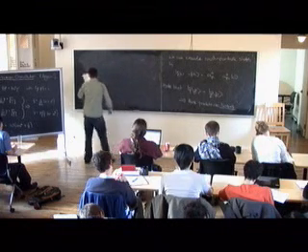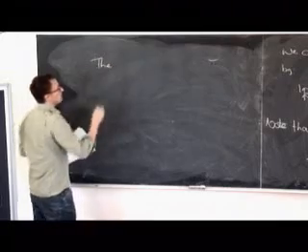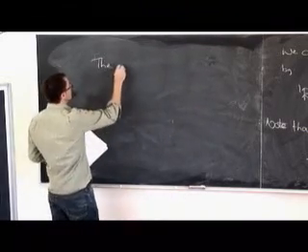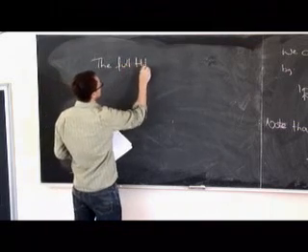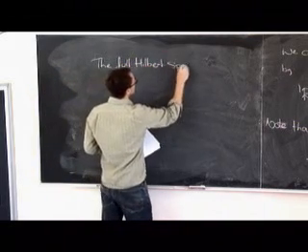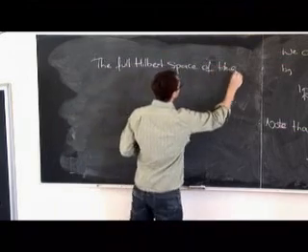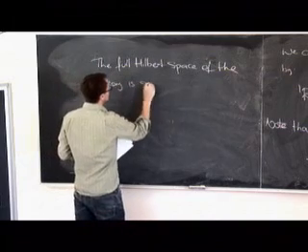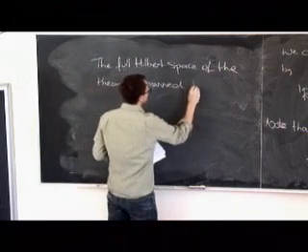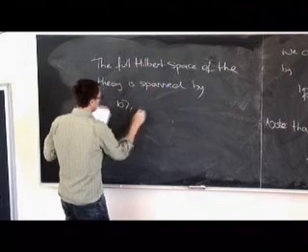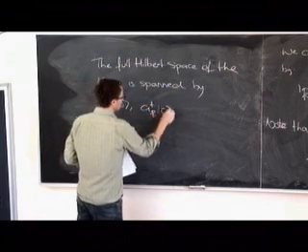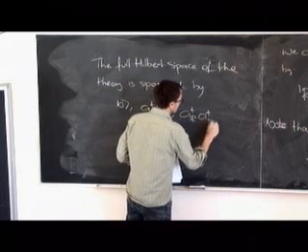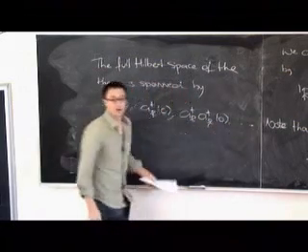So people have been asking me for a couple of lectures now, what's the Hilbert space on which these operators are acting? Now we can give a pretty good definition of it. The full Hilbert space of the theory is spanned by the vacuum and the 1 particle states and the 2 particle states, and off you keep going all the way to infinity.